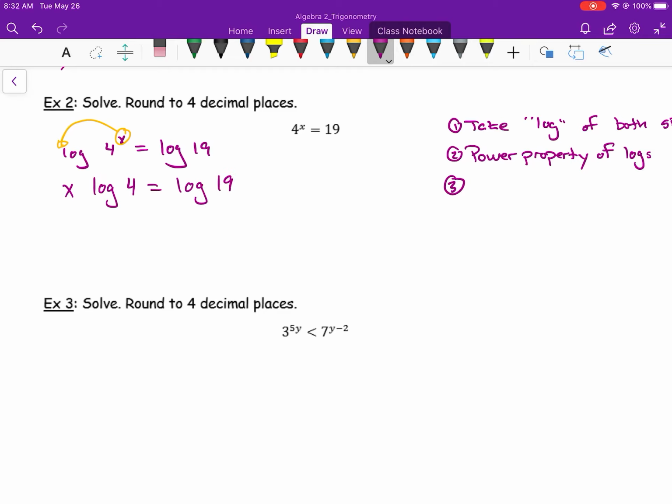Now we just have to solve, and we do that by dividing both sides by log 4.